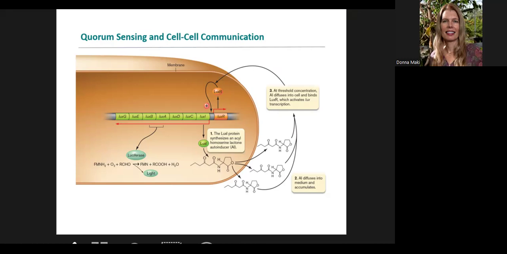And so the chemical docks to LuxR, the regulatory protein. It'll connect onto that, and that will allow it to turn on the genes for glowing. Otherwise, they won't glow unless there's enough of them around to make it worthwhile and beneficial.